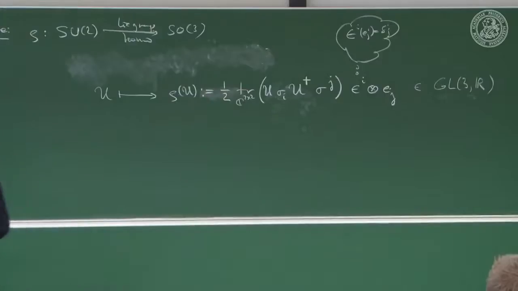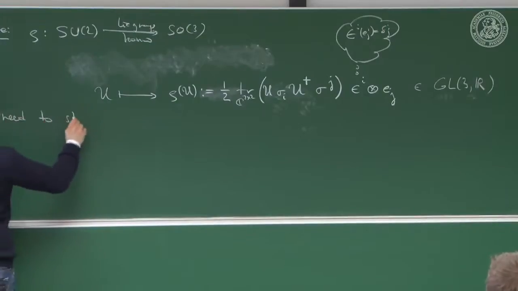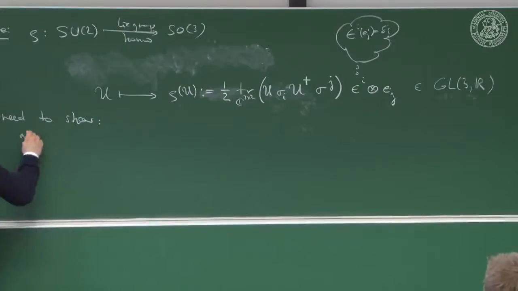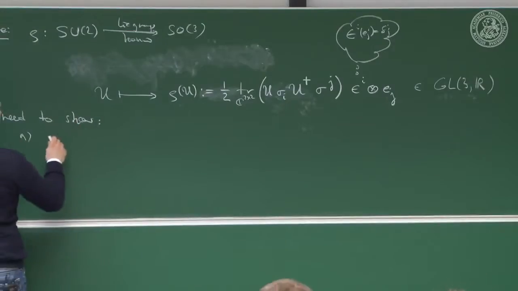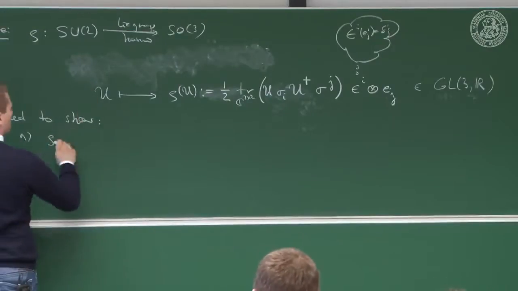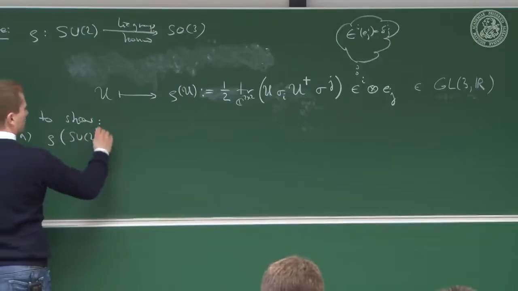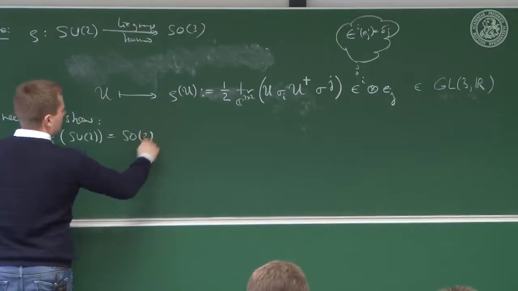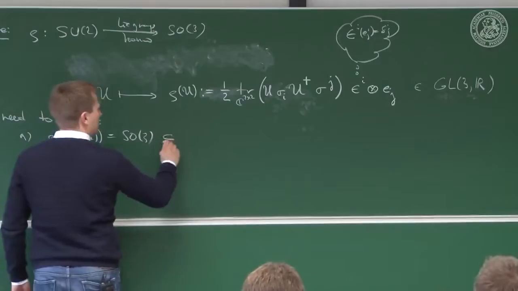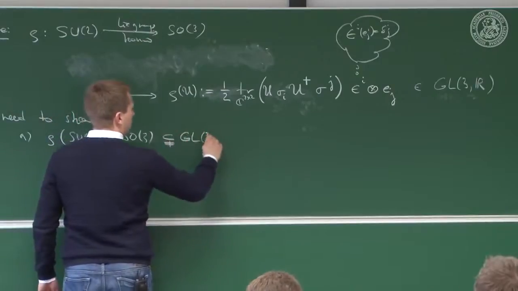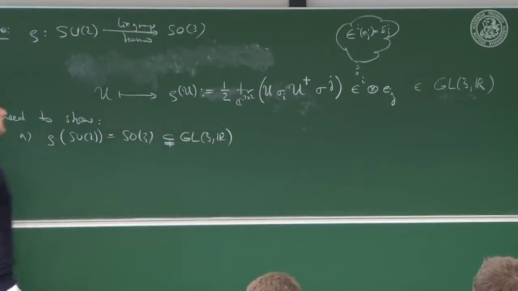So I obviously need to show a number of things. So proof, we need to show the first thing: that indeed rho of SU2 only takes me to the SO3 subgroup of GL3R. Okay, so let's try to do this first. How do we do this?